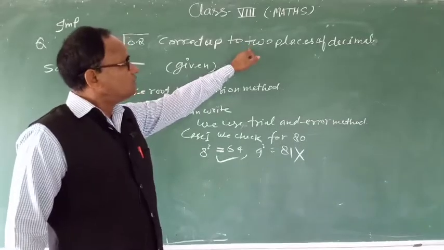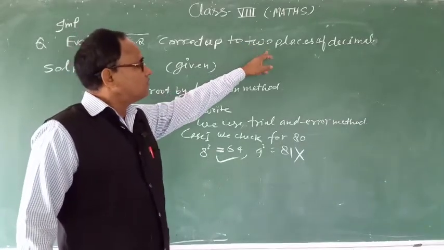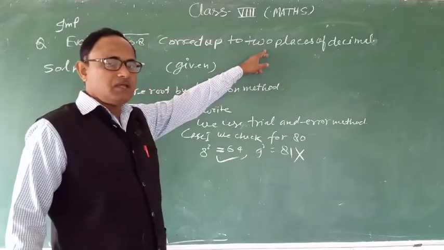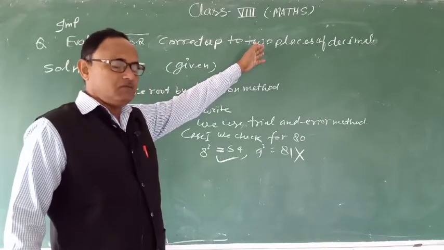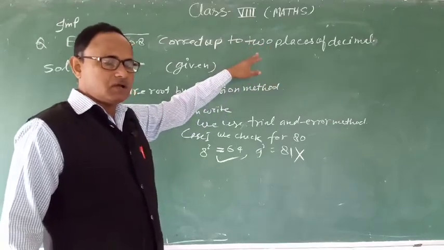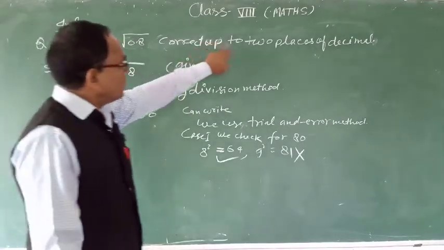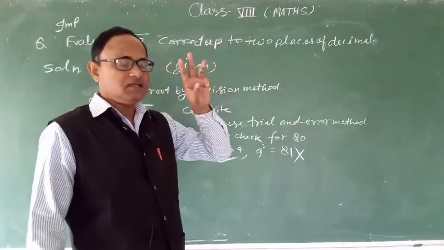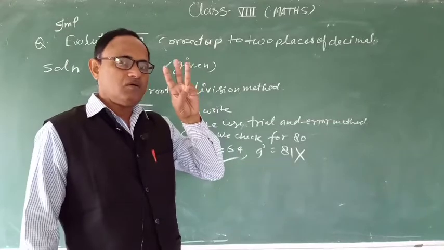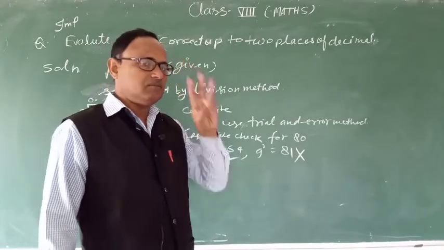If it asks 4 places after decimal, then we determine 5 digits after decimal. Here it asks only 2 places, so we determine the value 3 digits after decimal.